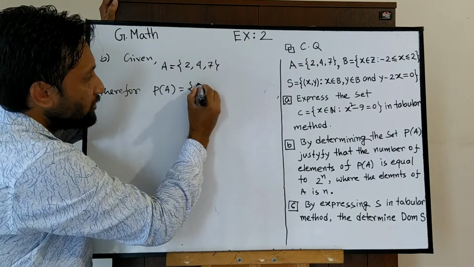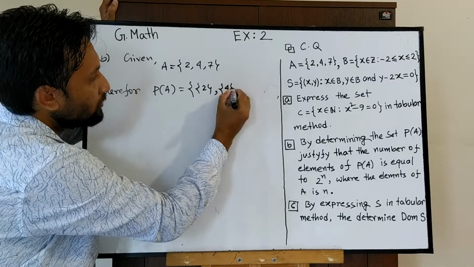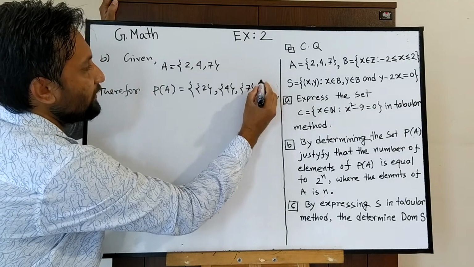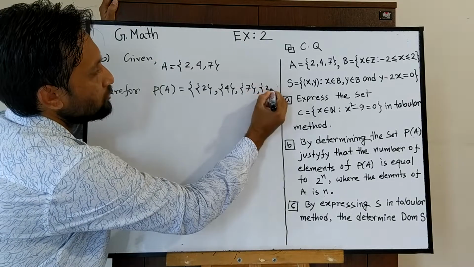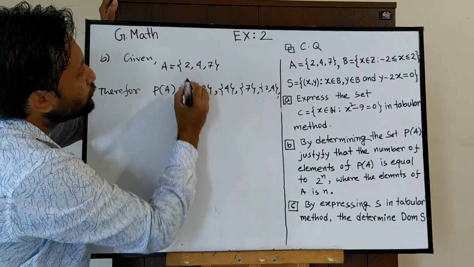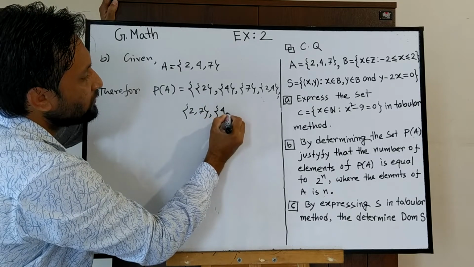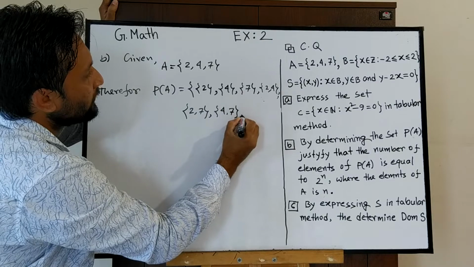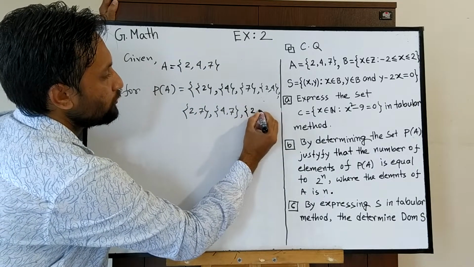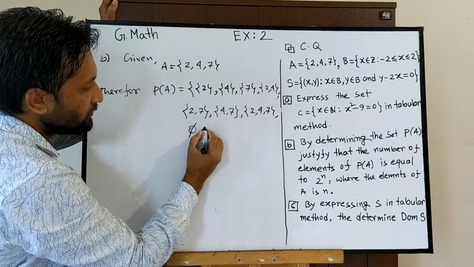So 2, 4, 7 are the single elements, then the double elements 2, 4, then 2, 7, and then 4, 7, and then 2, 4, 7, all the elements, and then the empty set.